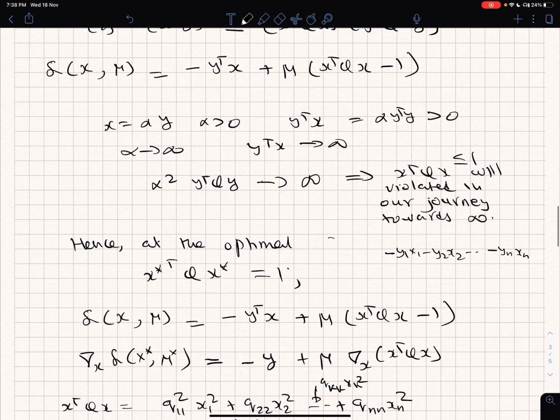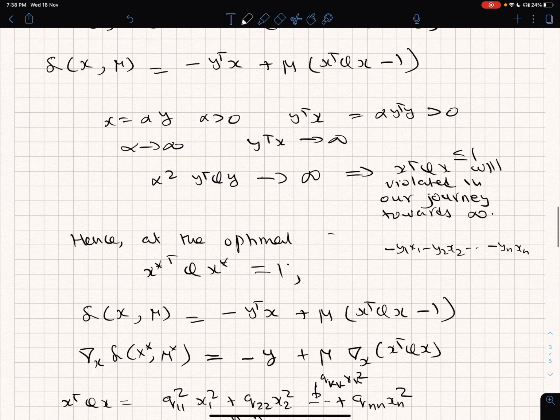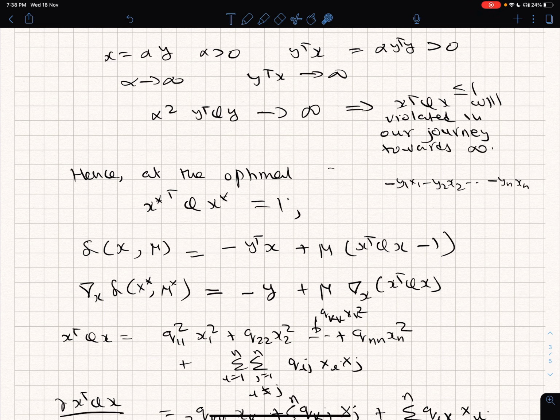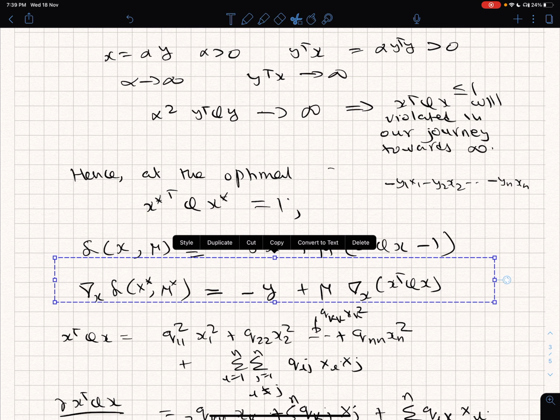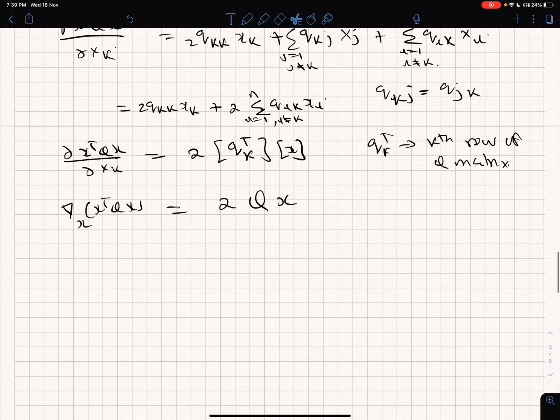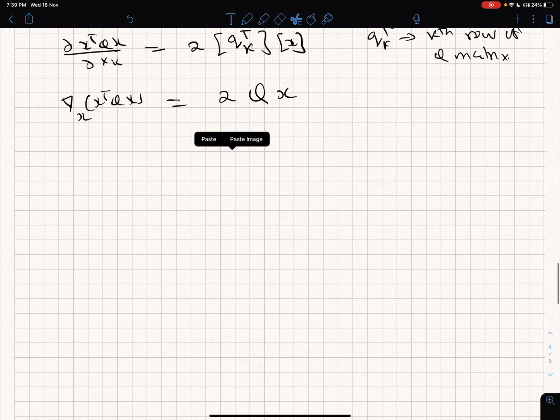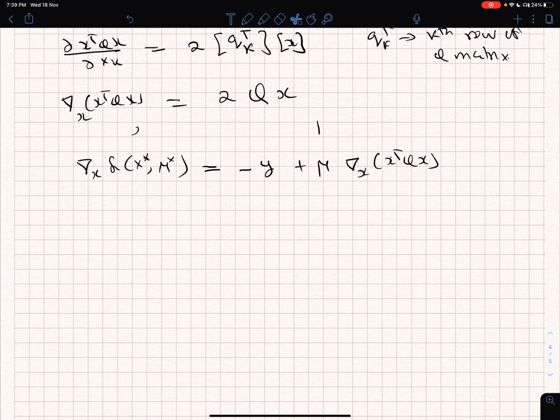So now, because of this, what I have calculated here is minus y plus 2 mu star Q x star.